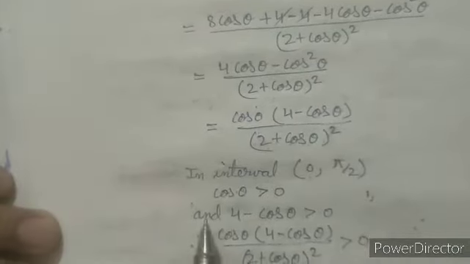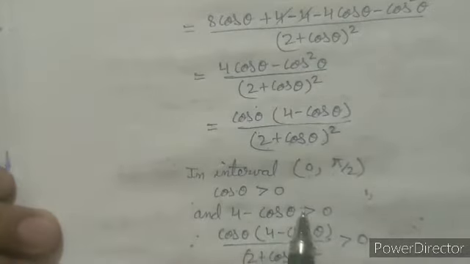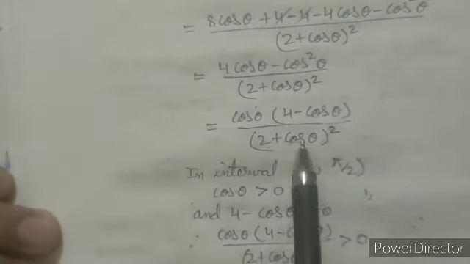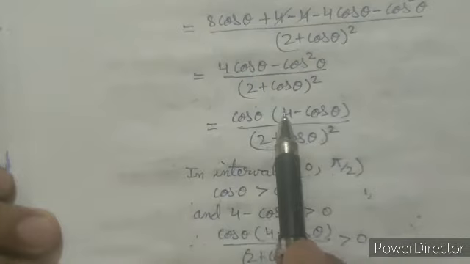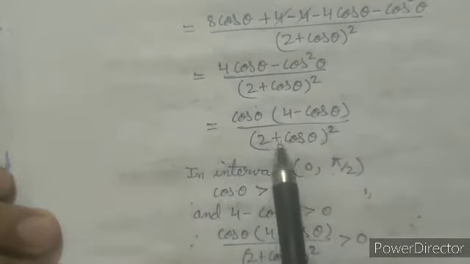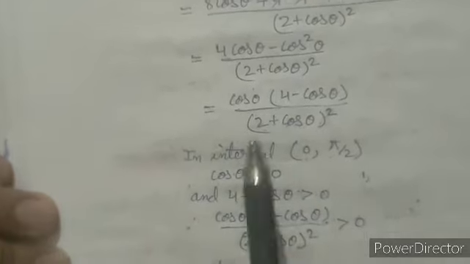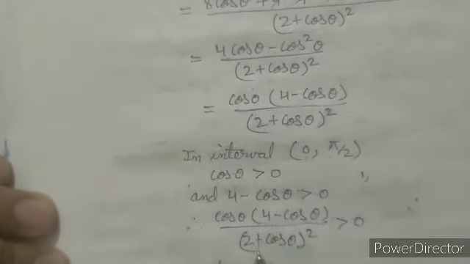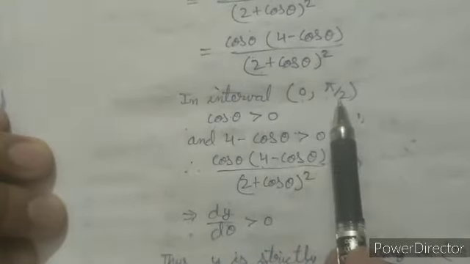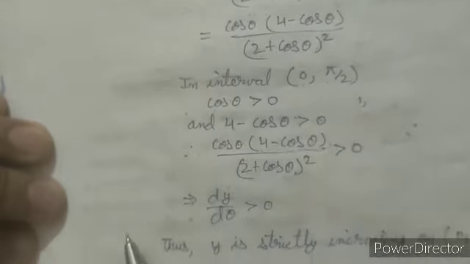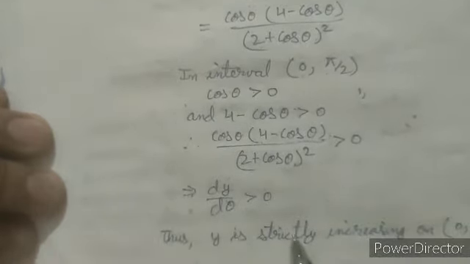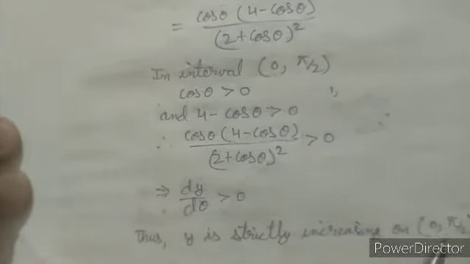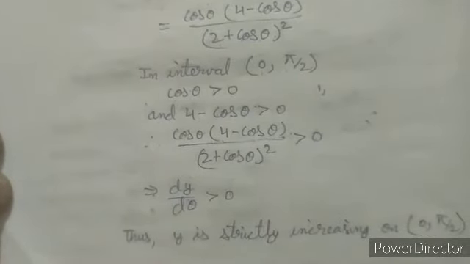That means 4 minus cos theta will be greater than 0. Or we can say that cos theta into (4 minus cos theta) upon (2 plus cos theta) whole square will be greater than 0, and this was the value of dy by d theta. That means dy by d theta is greater than 0 in interval 0 to pi by 2, which means that the function y is strictly increasing on 0 to pi by 2.